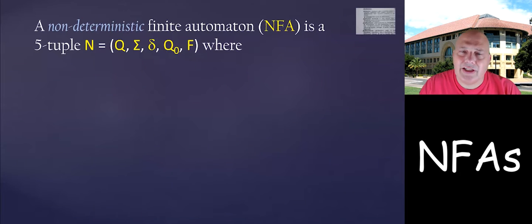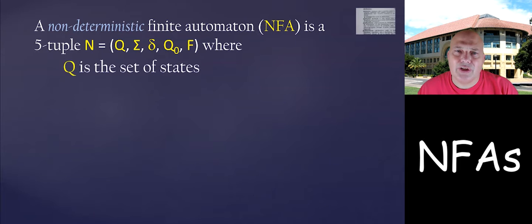Now let's define it more formally. Still as a 5-tuple, although we are in non-deterministic finite automata, but there will be a slight change in the notion. So a 5-tuple is an NFA where Q is still the set of states, sigma is still the finite alphabet.